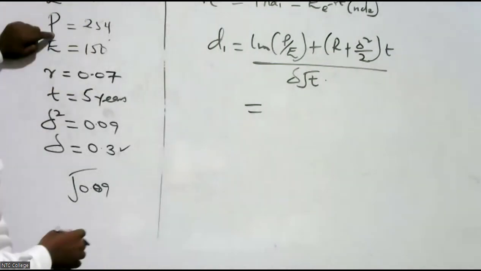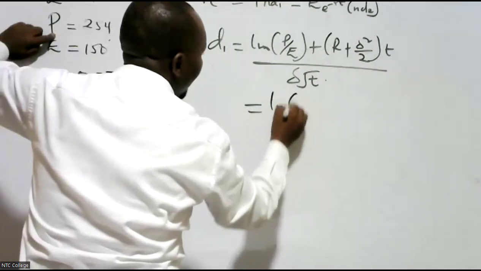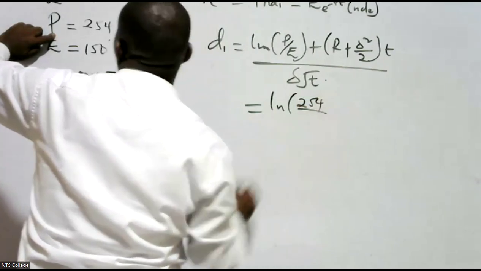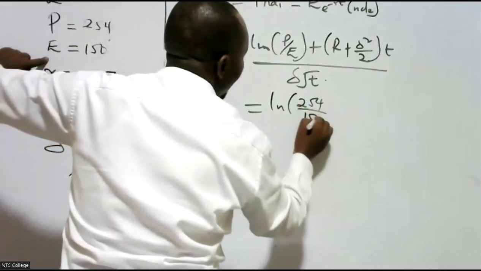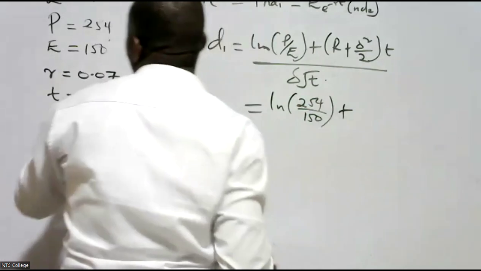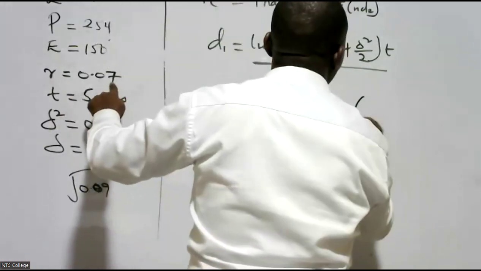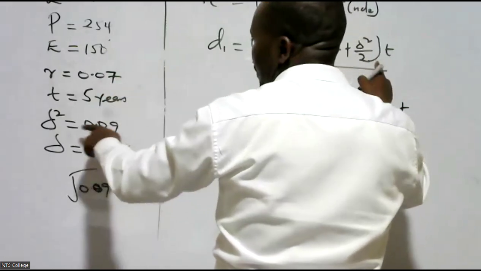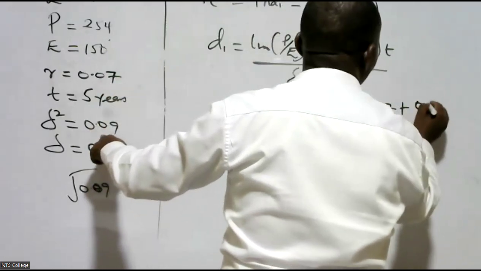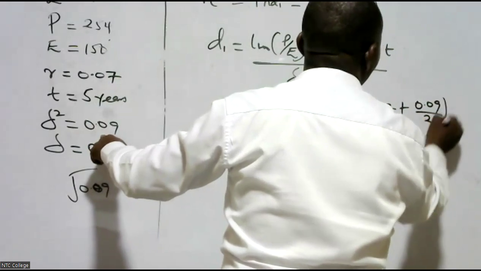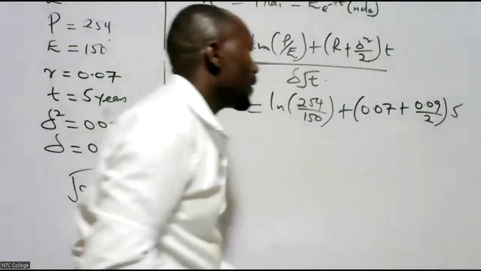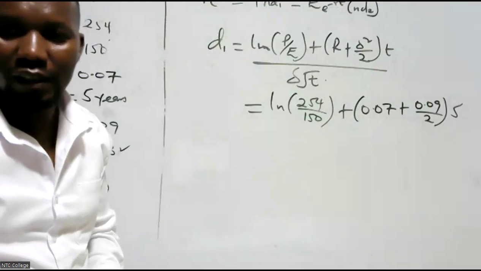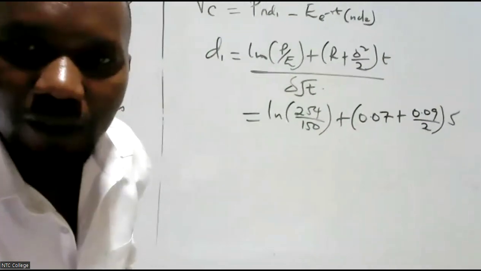Our P here is 254, so take Ln of 254 over E, which is 150, plus R, 0.07, plus this one squared, we are given 0.09 over 2, times 5 years. The time is already in years.